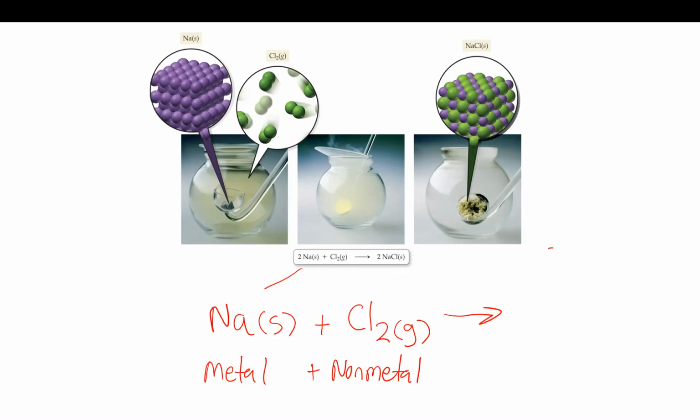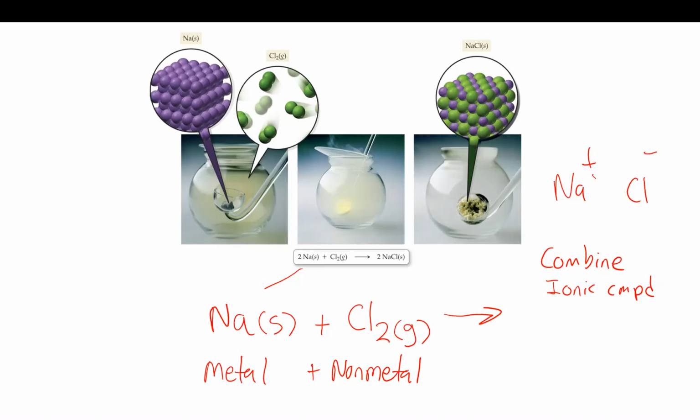So what's going to happen? Well, these two are going to combine. Right? And what do metals and nonmetals combine to make? Ionic compounds. So you'll have to remember that sodium, because it's in group 1, forms a +1, and chlorine, it's a halogen, and so it's group 7A or 17, and it forms a -1.